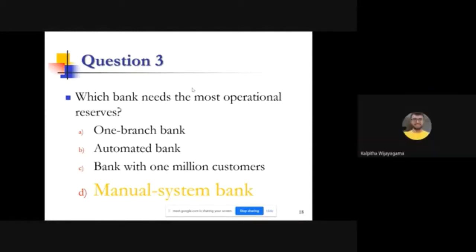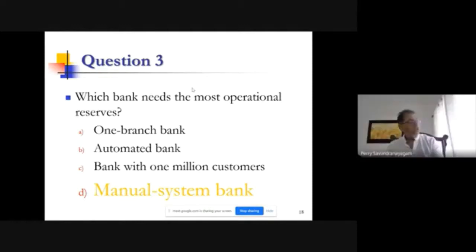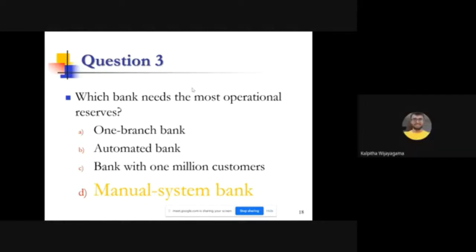Because they can't predict the requirements like an automated bank, right? That's right. So why can't they predict the requirements? They wouldn't be able to see their current position correctly, and there could be delays in getting the information, and that would lead to future predictions being incorrect. Right.